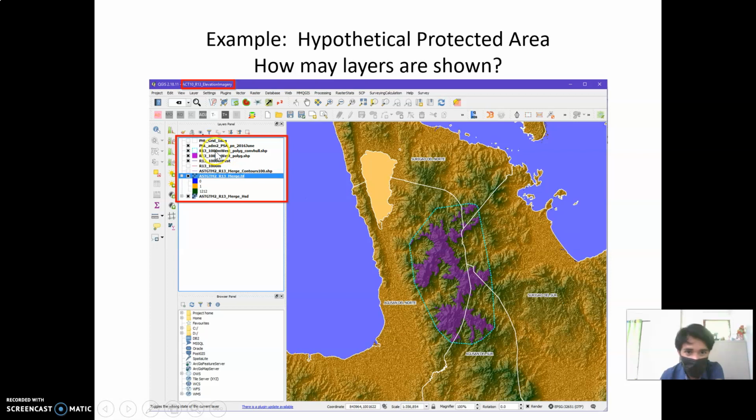We can see the convex hull, the blue line, which is the boundary of the protected area, the forest area. And we have the violet polygon, which is the proposed protected area. Outside the violet color, but still inside the boundary, are your buffer zones. Okay, so that is how you simply read your map.